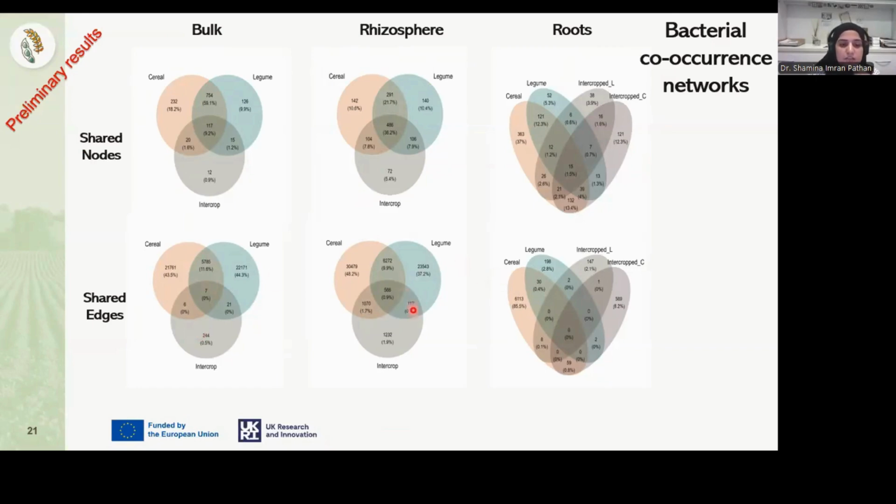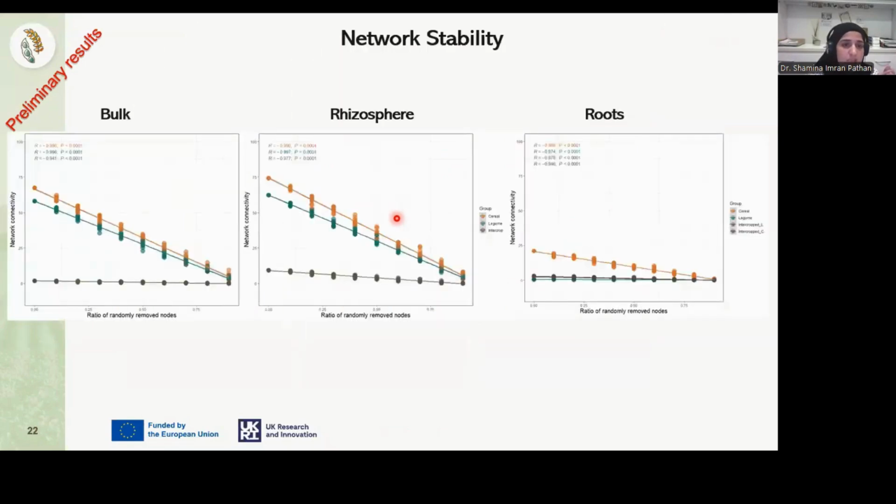So there is very little similarity between the networks of the cereal, legume, and intercropping. So the microbial community is changing, and the intercropping has an impact on the composition and structure of the microbial community.